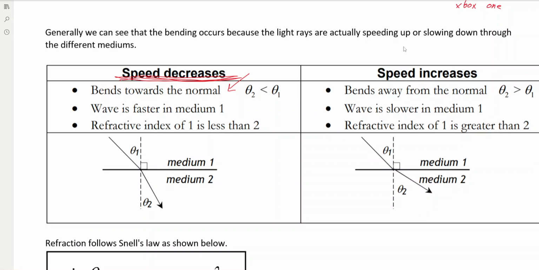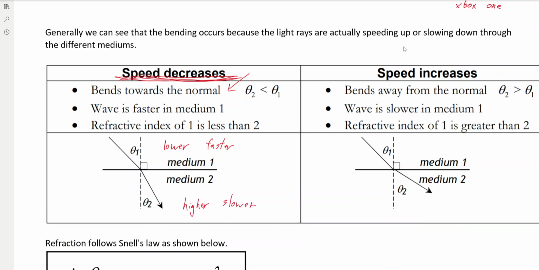Okay, and the wave must be faster in medium 1. That's why it's decreasing when it goes to medium 2. The index of refraction of 1 is less than 2. So this is a higher index, and this is a lower index. This is faster. This is slower.